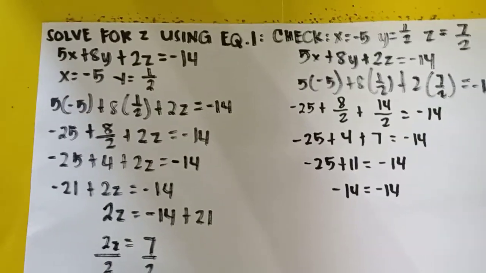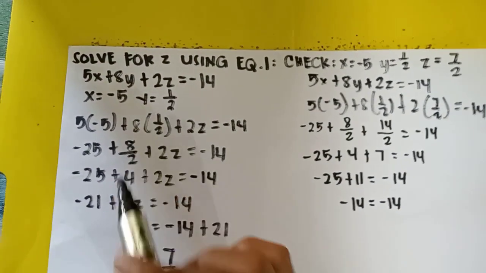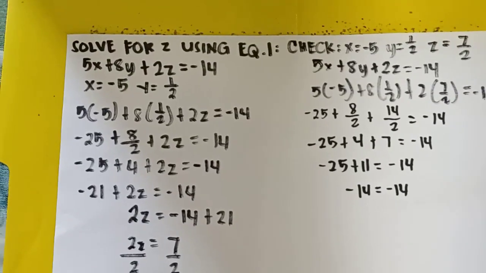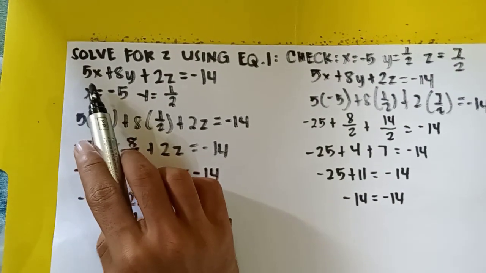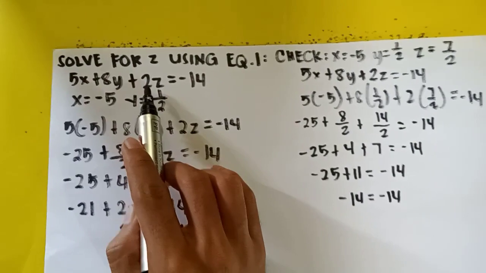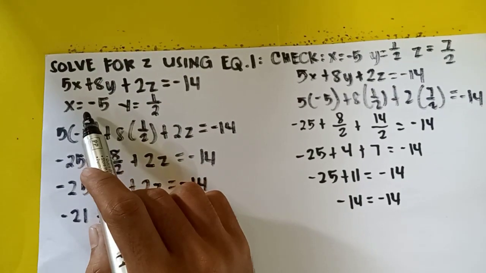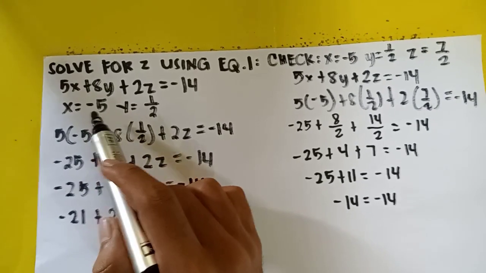And then in this part, we will solve for z using equation number 1: 5x plus 8y plus 2z equals negative 14. So earlier we already have the value of x and y.